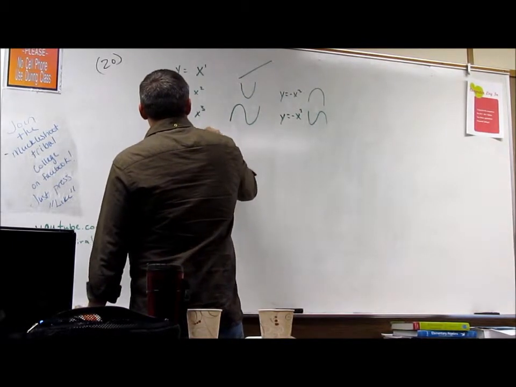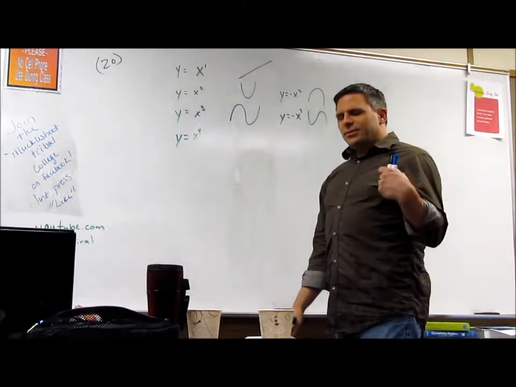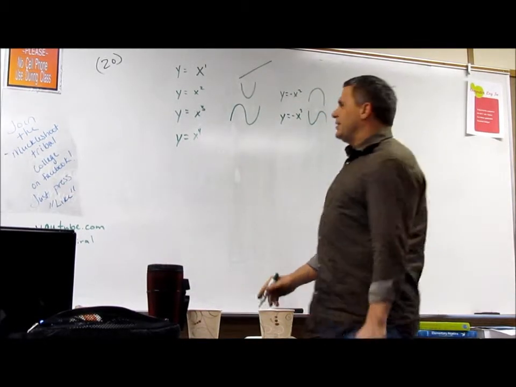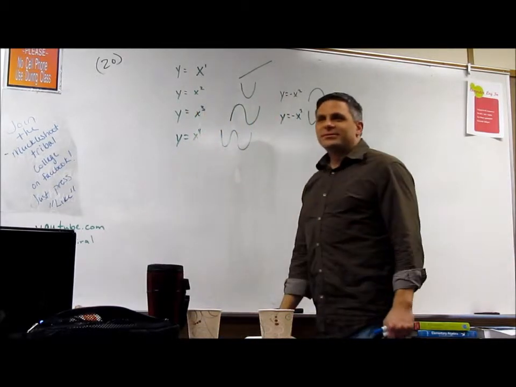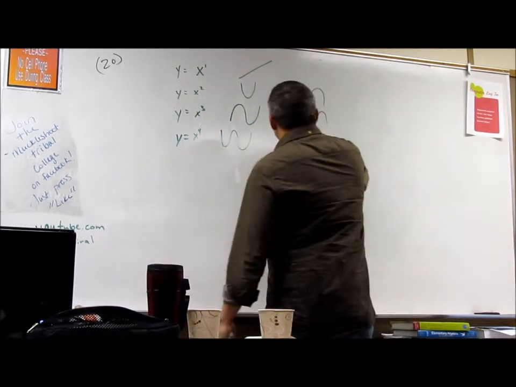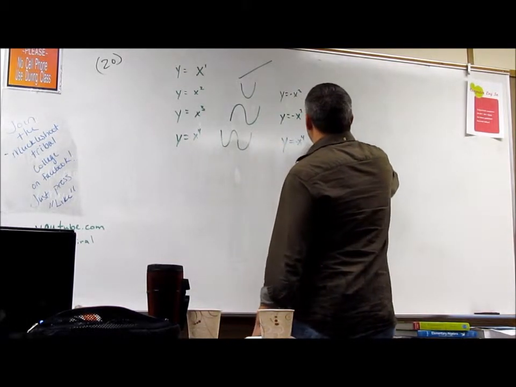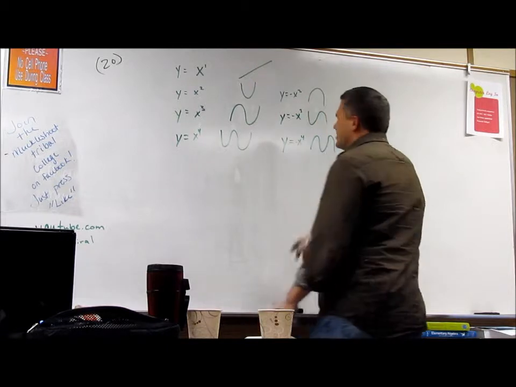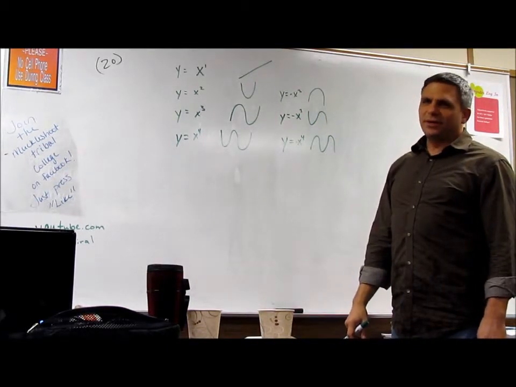And so then we did y equals x to the fourth. And we found, wait, what? This is frustrating. It smiles in the beginning and frowns in the end. And this one, minus x to the fourth, well, it frowns in the beginning and smiles in the end. And we're like, whoa, what's going on here?